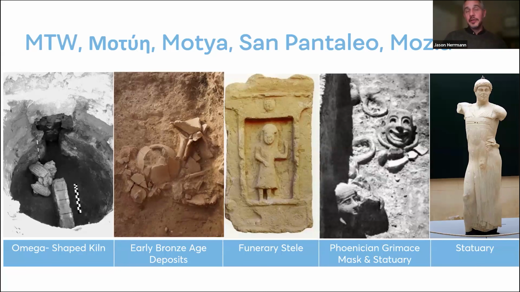So Motya was a Punic city, and I'll discuss a little bit more who Punic people were, but to introduce them first, they're descendants of people from modern-day Lebanon and Israel, who were Phoenicians that traversed the breadth of the Mediterranean Sea, establishing settlements primarily in central and western Mediterranean.